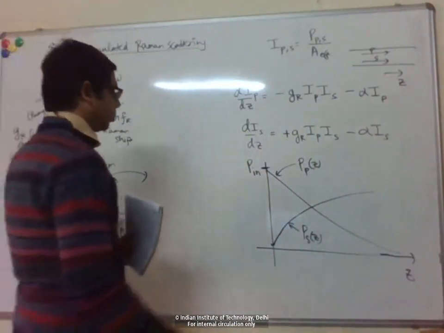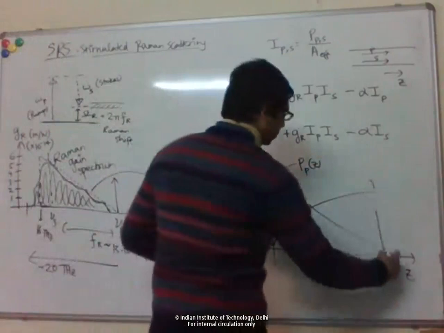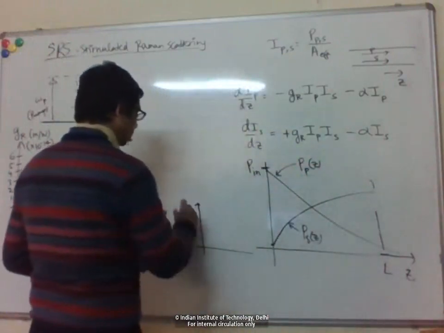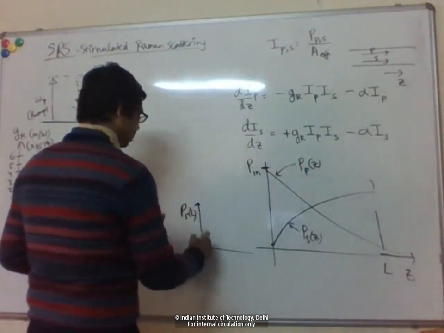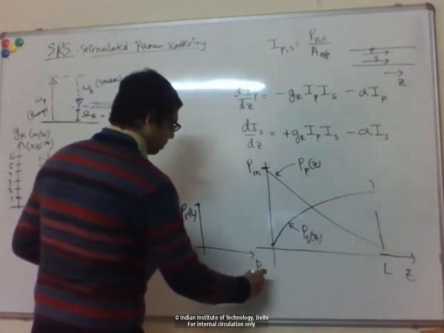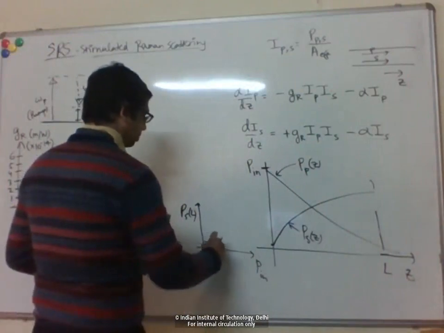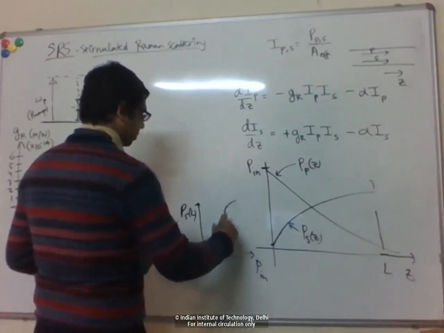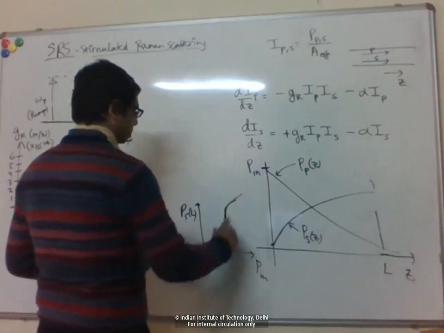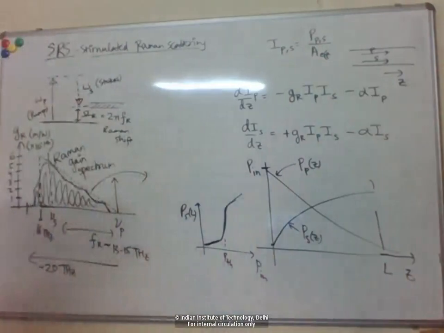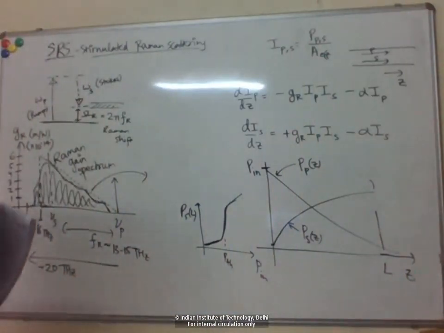So again, if you look at, for example, some output here, if you look at the Stokes power versus input pump power, right? So up to some threshold, it will sort of let's say vary linearly, and then suddenly it will shoot up exponentially beyond a certain threshold. Okay, so you get some nonlinear behavior like that.